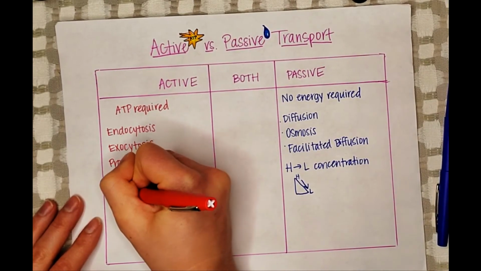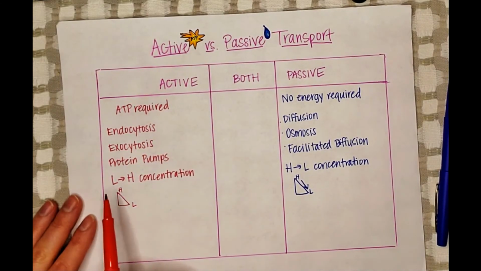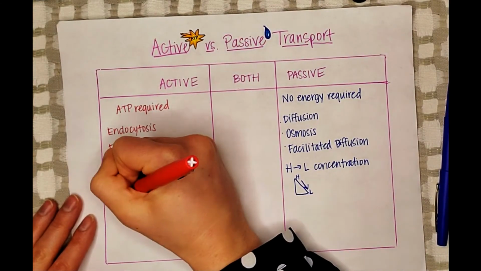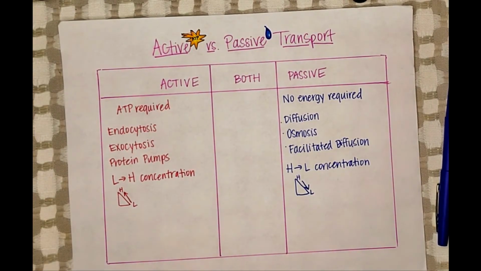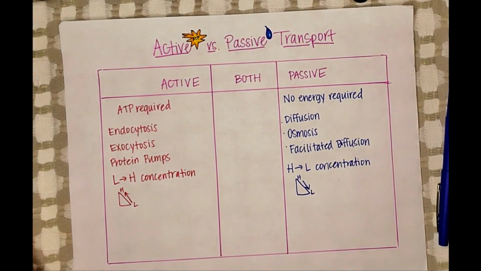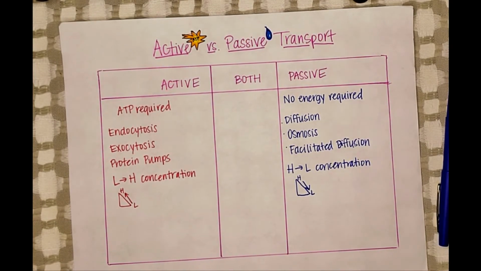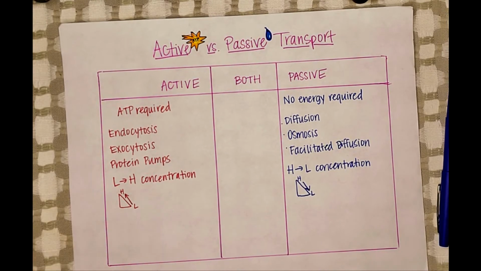So on our slide, again, the slide looks the same because there's a high side and a low side. You can't change that. But instead we're going up or against the normal gradient. Normally you don't want to run up a slide. It's not going to go super well for you every time, especially if you're a little kid. You might get hurt. So that's going to take a lot of energy to go up the slide.